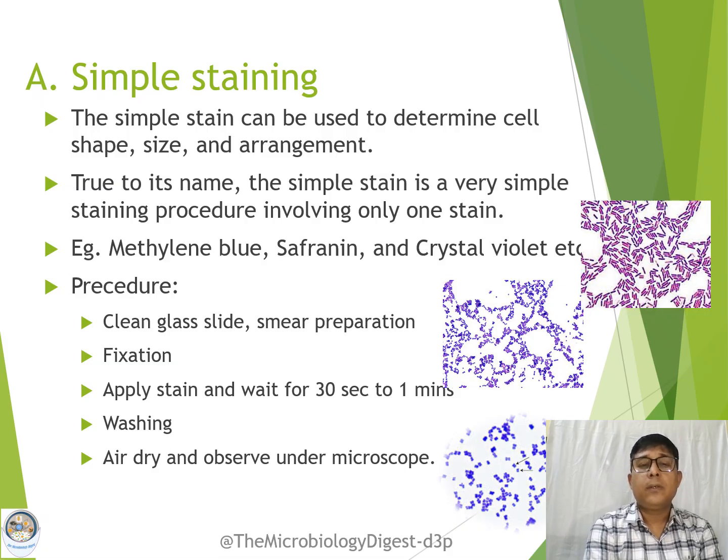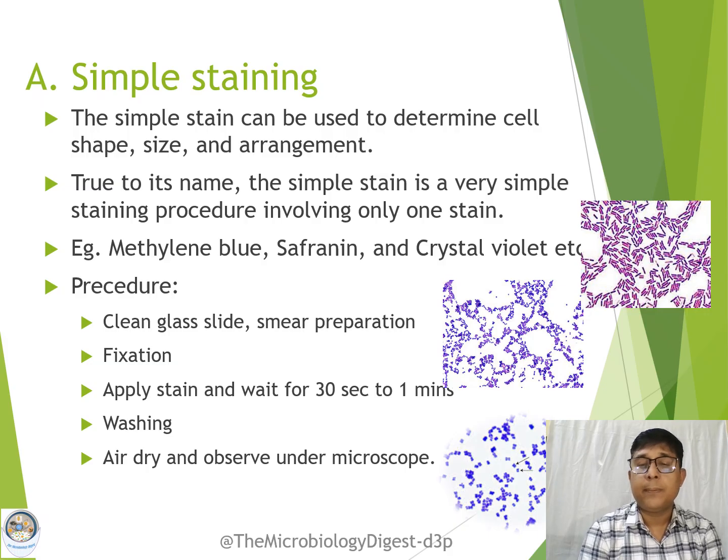What is the procedure? You prepare a smear, then fix it, cover the smear with the stain, then wait for 30 seconds to 1 minute. After washing and air drying, you can observe under the microscope. You will see that all the organisms take up the same color, but their arrangement, shape, and size can be studied.